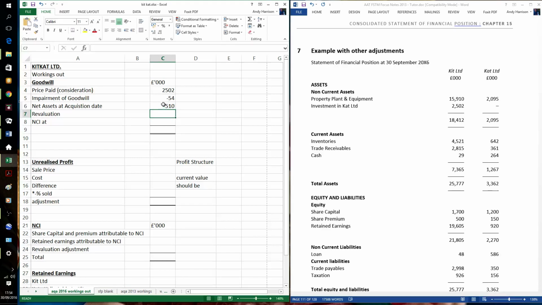That's not right. Minus 1200. It is right, I just need to put some brackets around it. That's better. And we still have the revaluation, and that's not a problem.